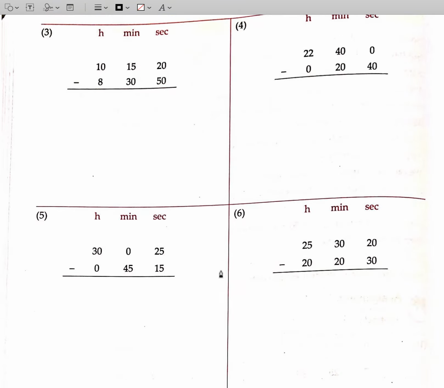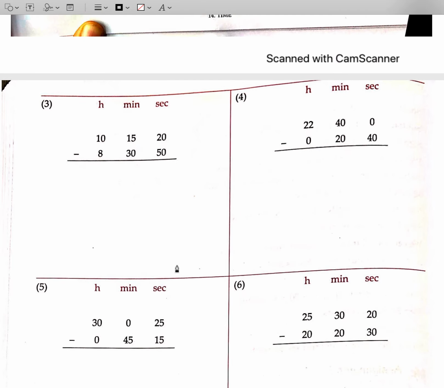Now we'll do one which has borrowing. So let's do this one. Now 20 minus 50. Here we will cancel this and write 14. We'll just write 14 over here. And now to this 20 we will add 60, so this will become 80.